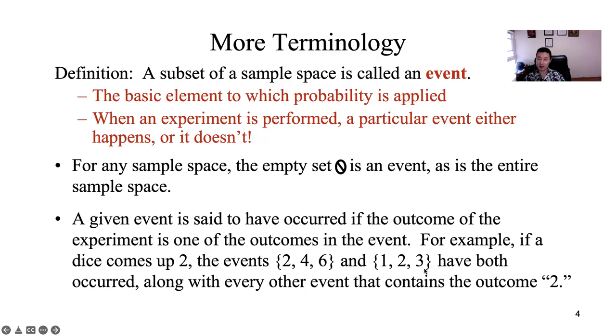And also this event including 1, 2, and 3, we can say this event is defined as we get a number less than 4. So the event get less than 4 also occurs because 2 is included in this event, along with any other event that contains outcome 2.